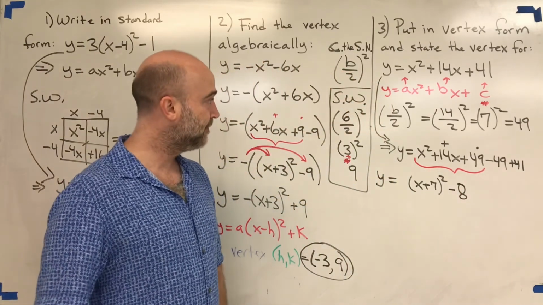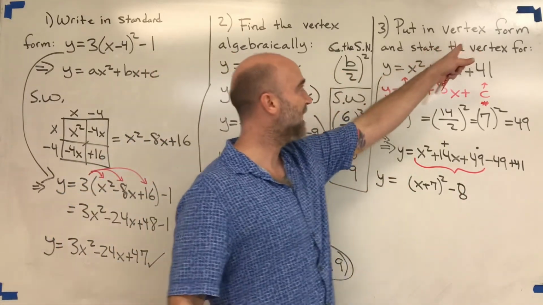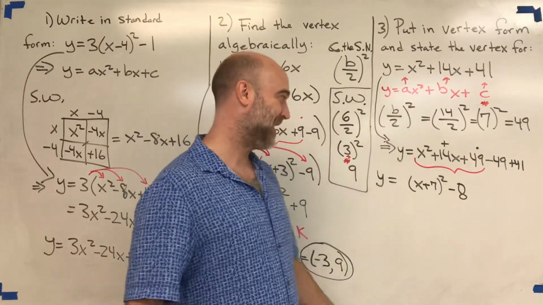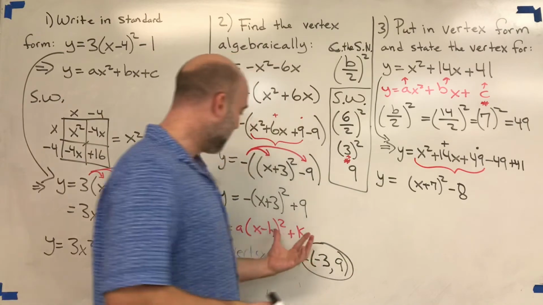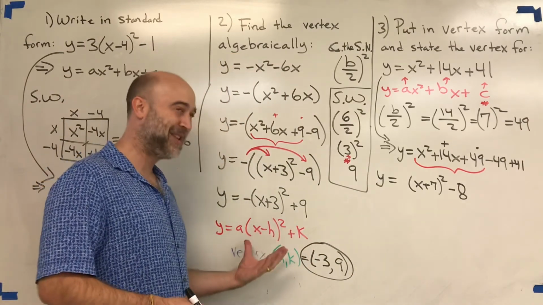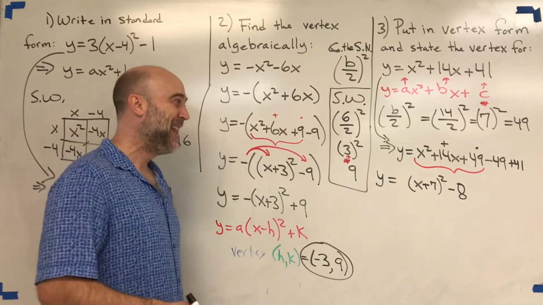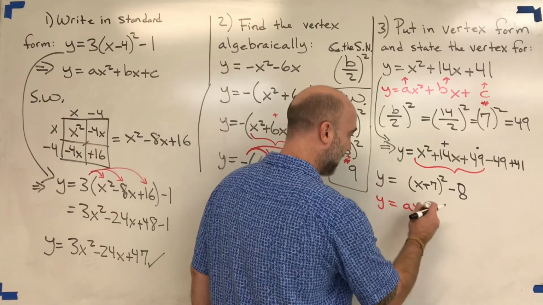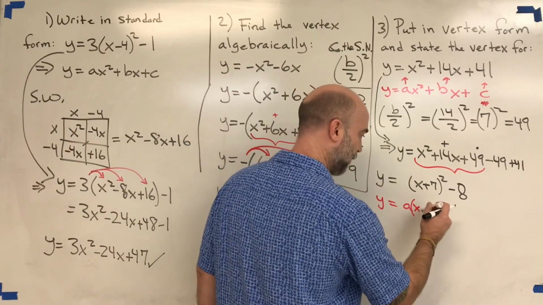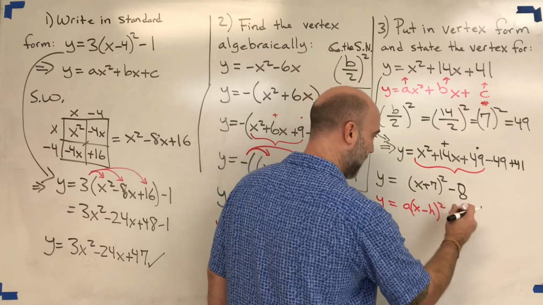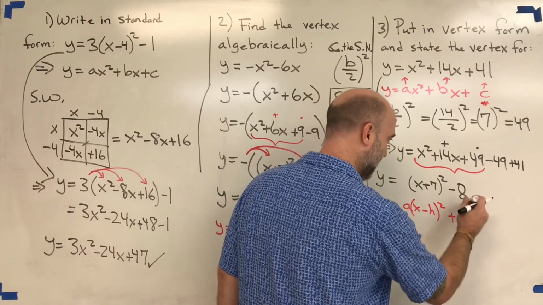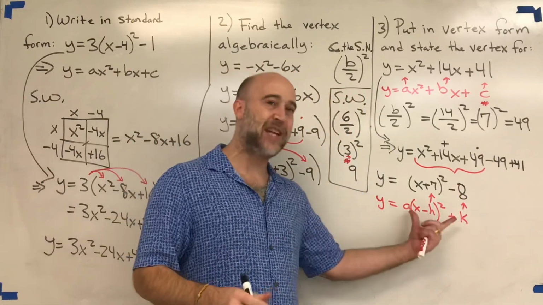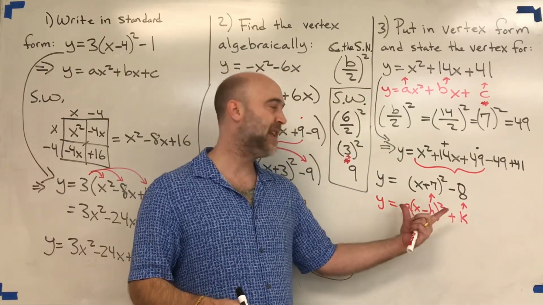All right. Put in vertex form. And all right, there's our vertex form, and state the vertex. Once again, you can go ahead and write the form out and see if that helps you. X minus h quantity squared plus k. So I use this as a foundation that really helps kind of keep track of what we need to do.